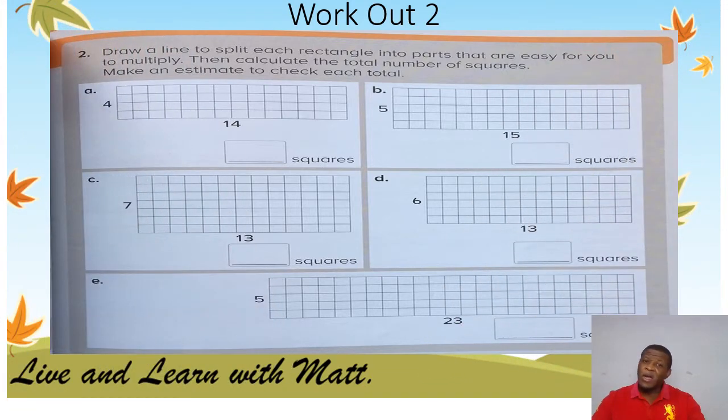Number 2, draw a line to split each rectangle into parts that are easy for you to multiply. Then calculate the total number of squares. Make an estimate to check each total. So 4 times 14. So 4 times 10 is 40. 4 times 4 is 16. 40 plus 16 will be 56.